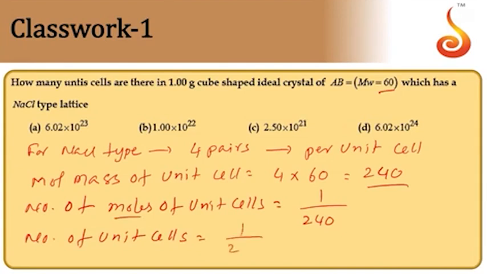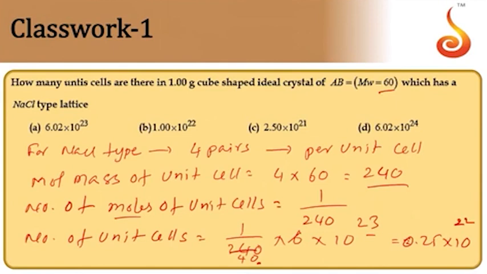So 1 by 240 into 6 into 10 to the power of 23. Here 6 goes into 240 forty times, so 1 by 40 into 10 to the power of 23, which is 0.025 into 10 to the power of 23, so it becomes 10 to the power of 22 times 0.25.